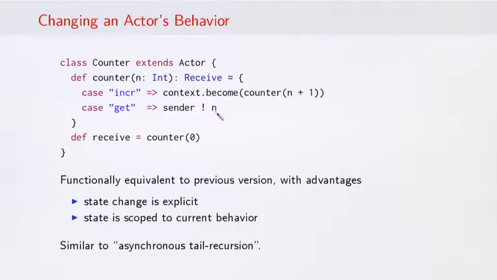First of all, there is only one place where the state is changed, and that is the call to become. And this is very explicit. The other is that the state is scoped to the current behavior. So there is no variable which we can leave somewhere in an unknown state. We always have the current state here.